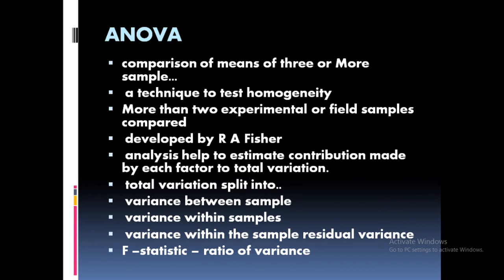If you want to test that, that is your null hypothesis. It is done by taking all possible pairs of means and testing the significance of the difference. So for this you have to take all possible pairs of means and test the significance. Okay. So there might be a difference in the means of the varieties.